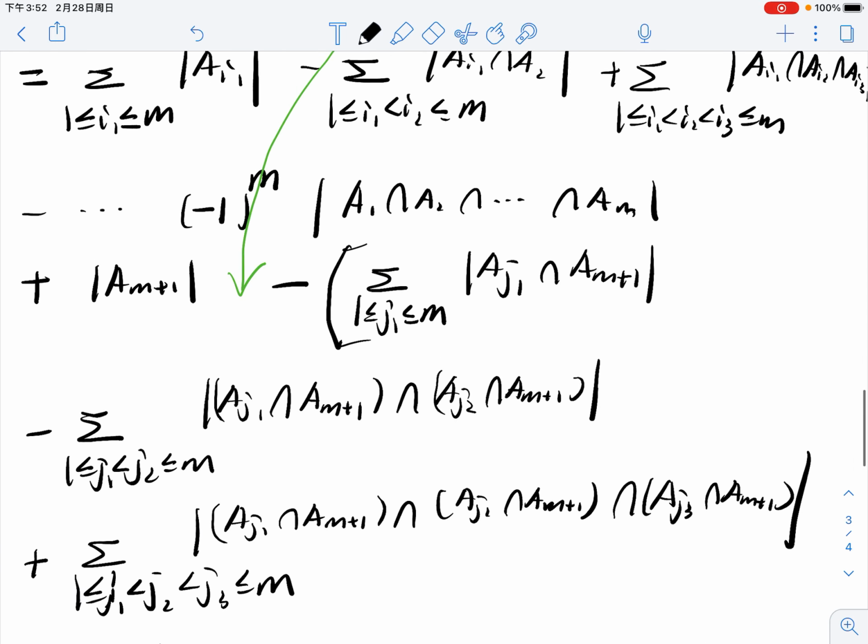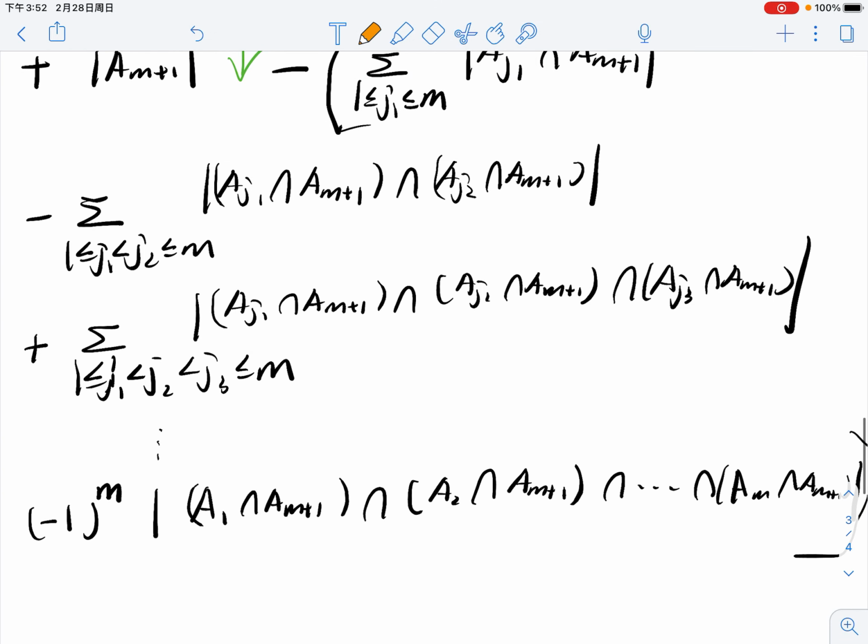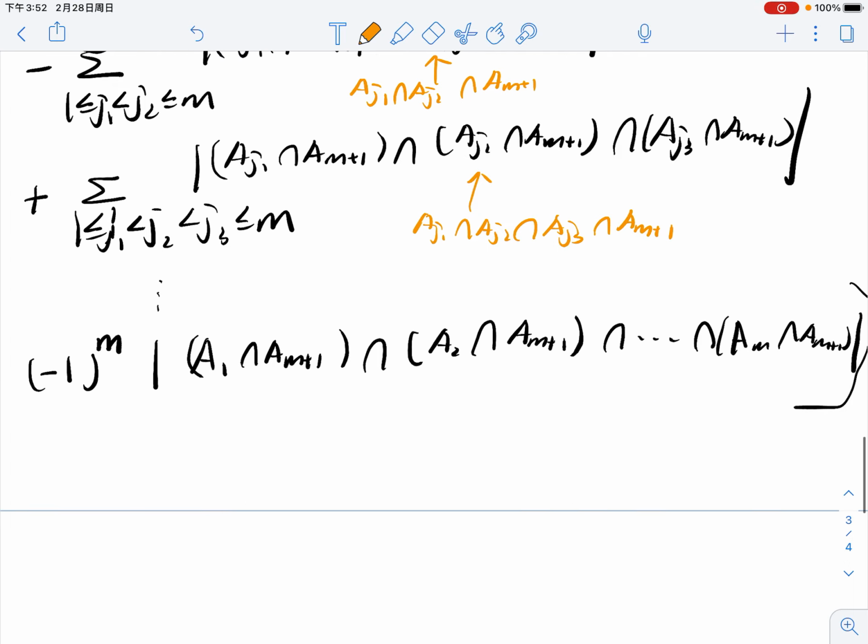Notice that this is AJ1 intersection AJ2 intersection AM plus 1. This is AJ1 intersection AJ2 intersection AJ3 intersection AM plus 1. And this is actually A1 intersection A2 intersection all the way to AM plus 1.